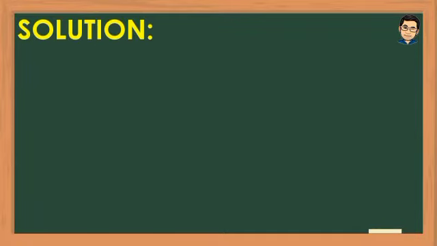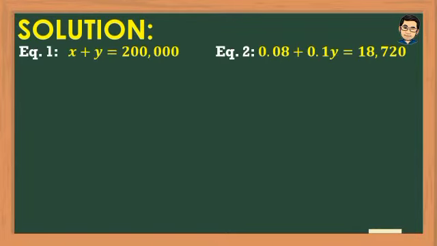So, since meron na tayong dalawang equations, so, pwede na po natin i-apply dito yung substitution method. So, yung first equation natin na x plus y is equal to 200,000, express natin as y is equal to 200,000 minus x.